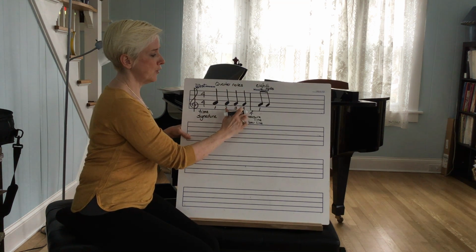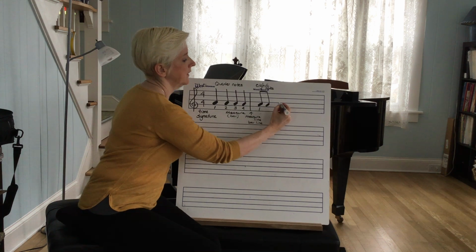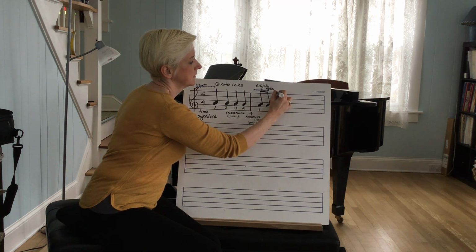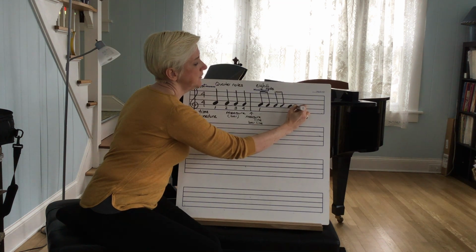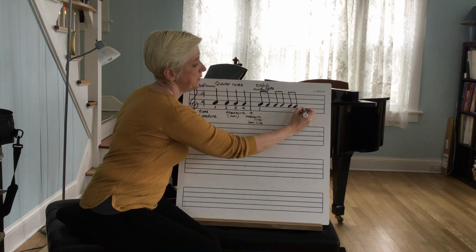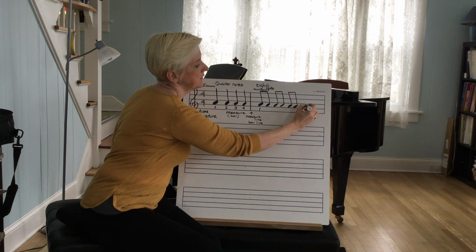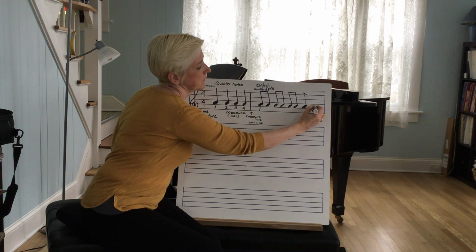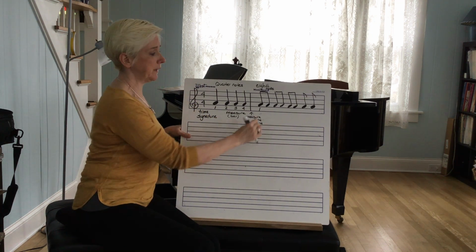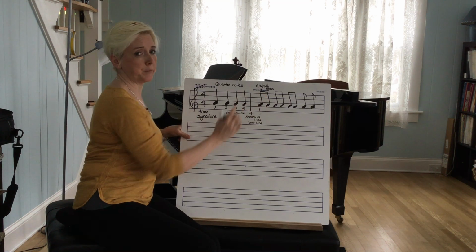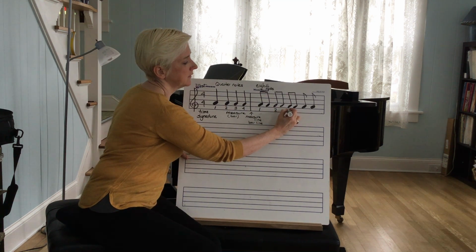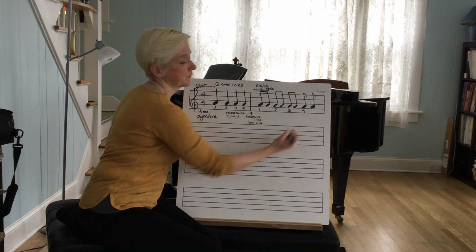So to have 4 beats of 1/8 notes, I'm going to need 8. I can draw these individually, so then the beam becomes a flag, but it's common practice that when we have more than one 1/8 note, they are beamed together. So I still have 4 beats, even though I have 8 notes.